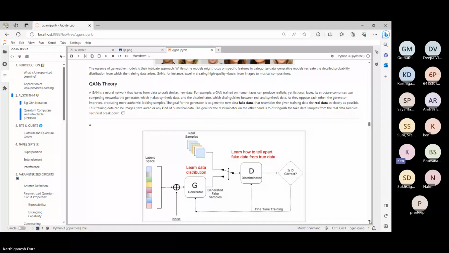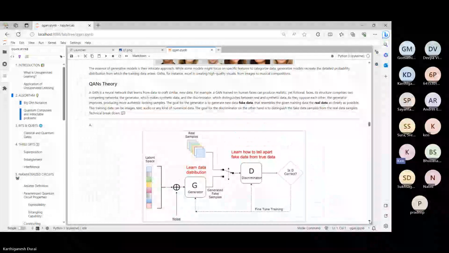Okay, so how does it work? How it works is like this. Let's say we have a population of cats, meaning we have all the cats in the world, or cat images in the world, and that is now our population.